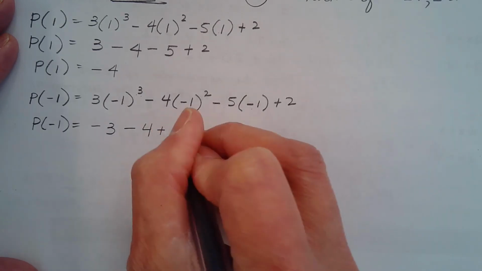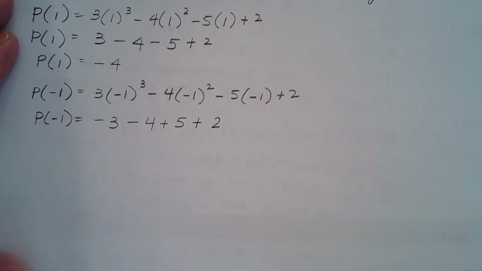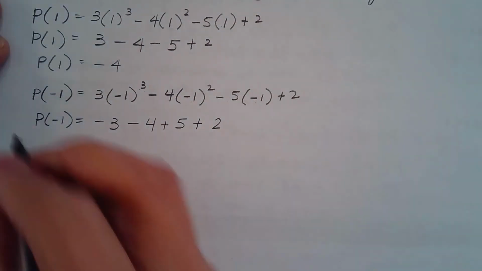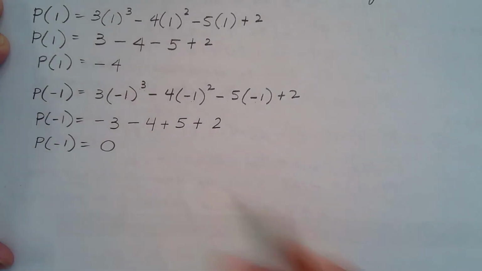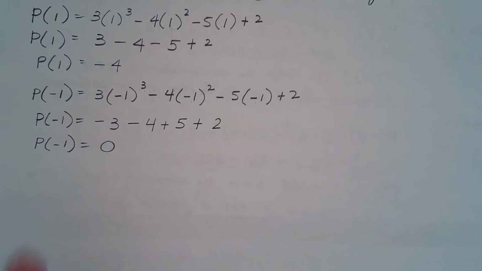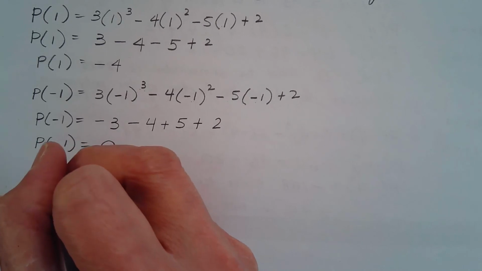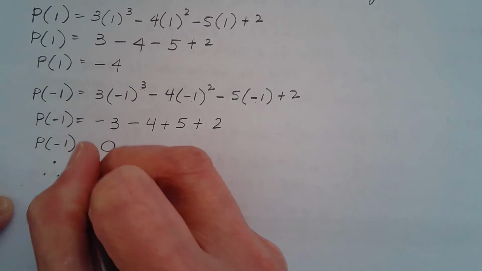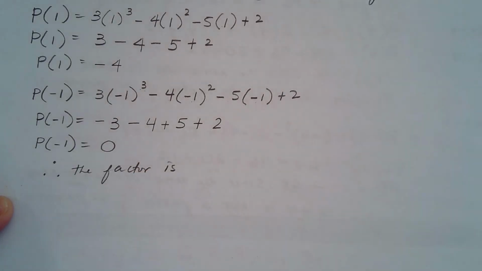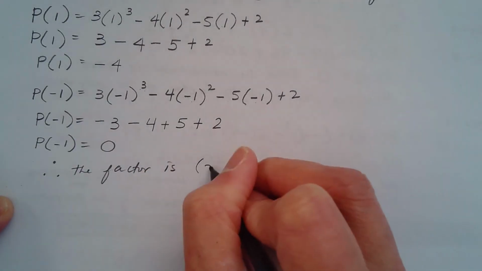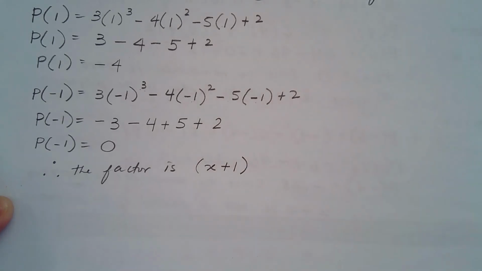Negative times negative 5 is plus 5, plus 2. So P of negative 1 is 0. Our a value is negative 1. Therefore the factor is x minus negative 1, which is x plus 1.